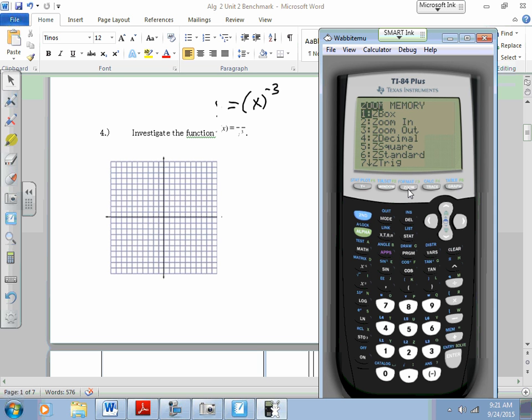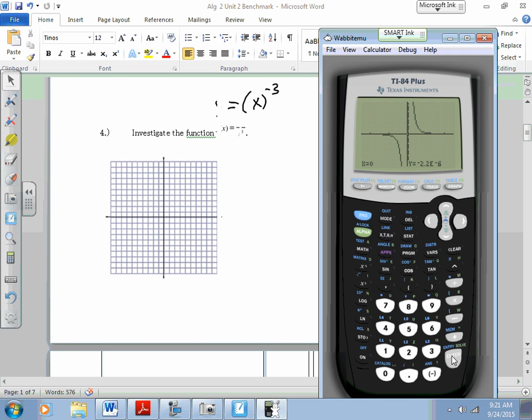You guys getting the hang of how to work with this calculator? Zoom to fit it, see if it'll look nicer. No, I don't like that. I'm going to zoom in. If I were to keep hitting enter, it would just keep zooming in.